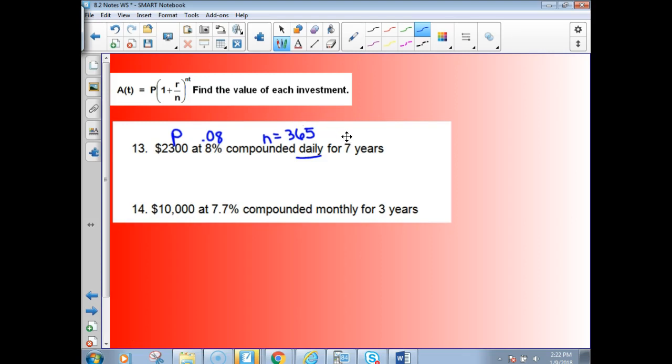It actually takes 365 and a quarter days to go all the way around the sun. Okay, 7 years, of course, is your T. All right, so our amount in our account over time is 2,300 times 1 plus 0.08 divided by 365 to the 365 times 7.